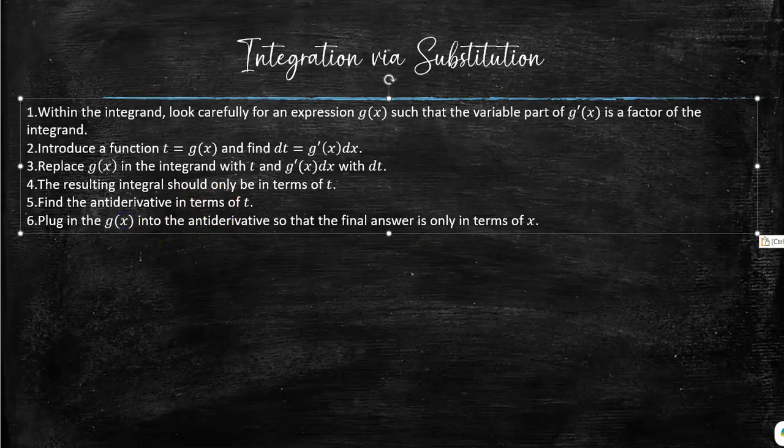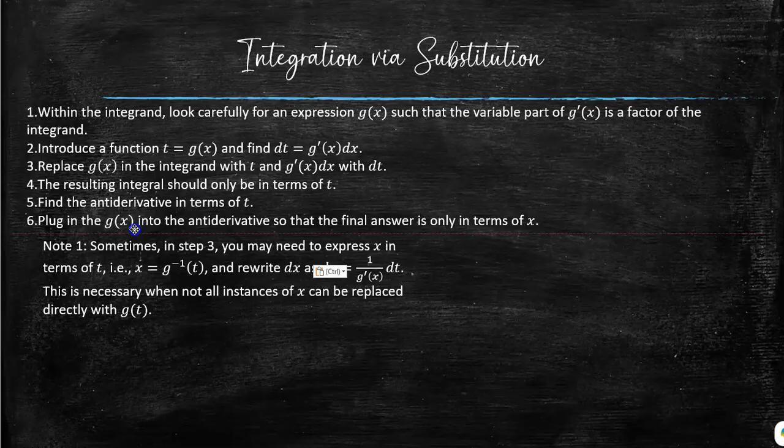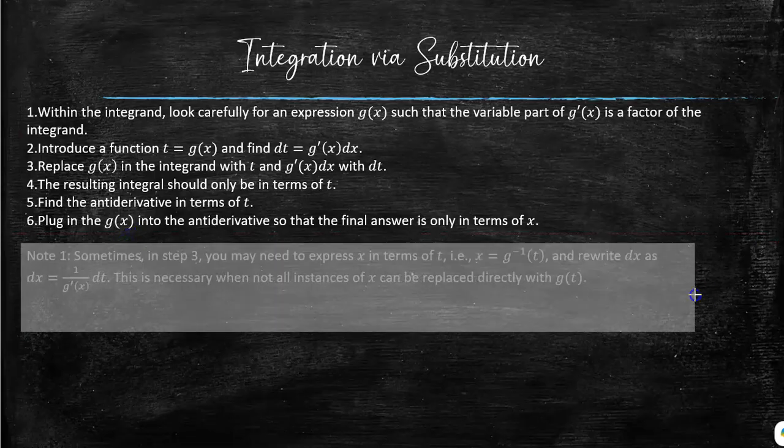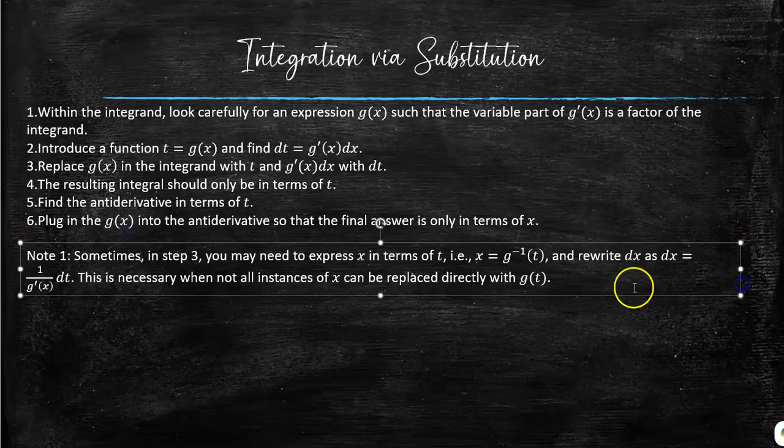In this process, sometimes in step 3, we may need to express x in terms of t by actually writing x as the inverse of the g function, and then rewrite dx in terms of dt explicitly instead of looking for that pattern to replace dx with dt.